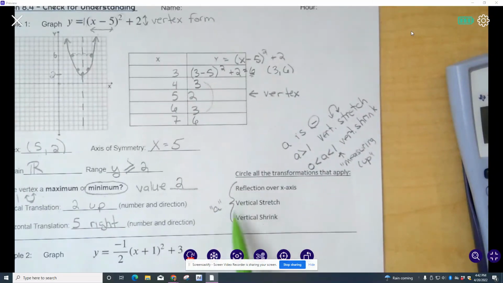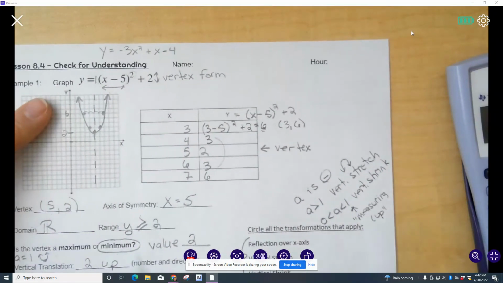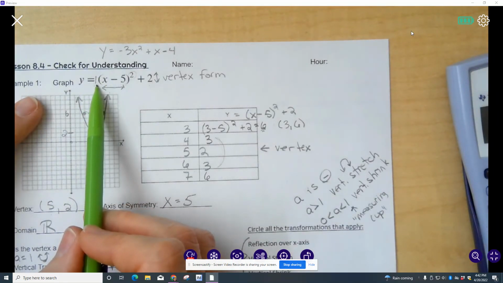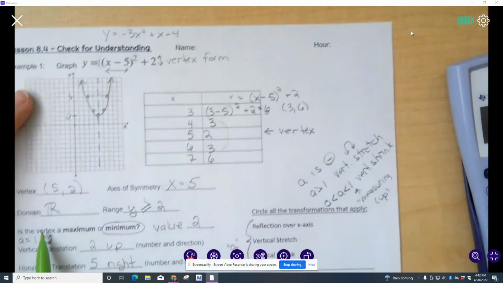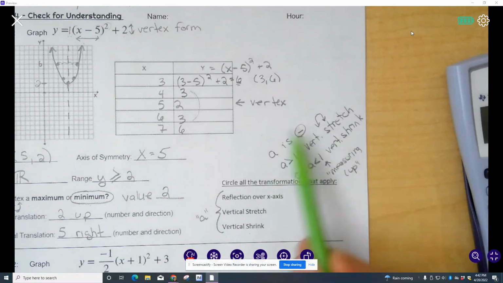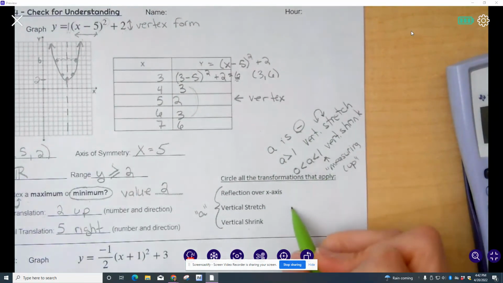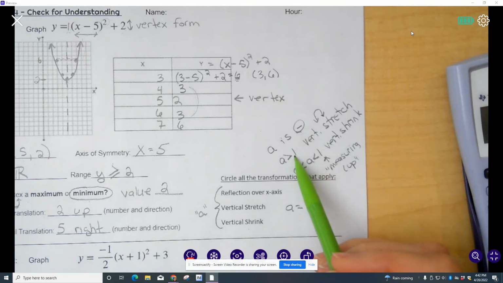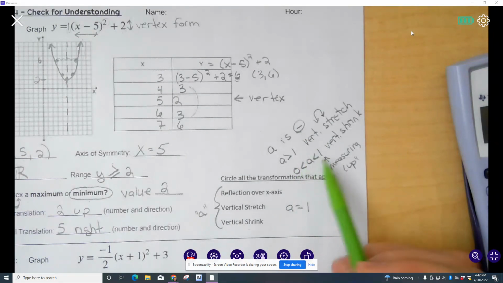All right, so when we go to this equation up here, I said that this was our A value. We didn't have a number in front of the parentheses, so that means it's an invisible 1. We said our A was 1. If our A is 1, we don't have any of these things happening. A equals 1. So A is not negative. A is not greater than 1, and A is not less than 1.